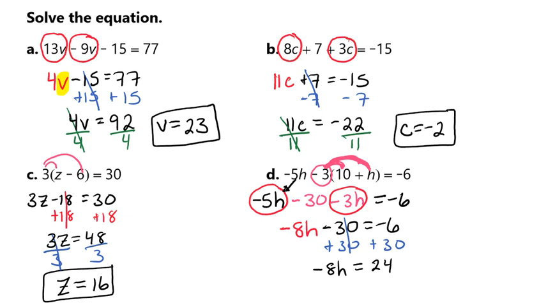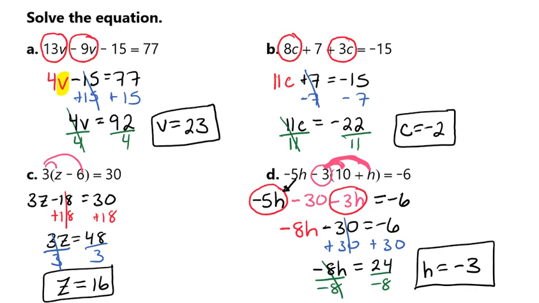Then we'll divide both sides by negative 8, and that's going to give us that h equals a negative 3. Now when we're solving multi-step equations, that's very similar to solving a multi-step inequality.